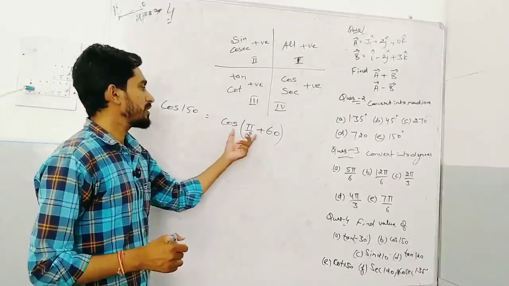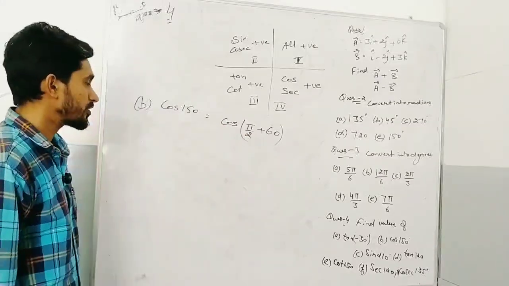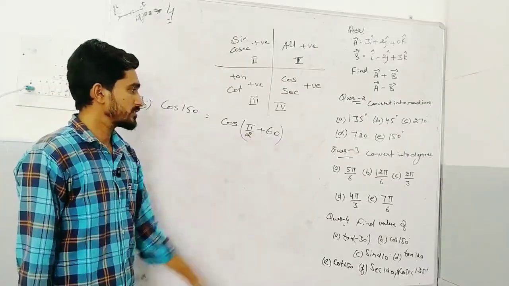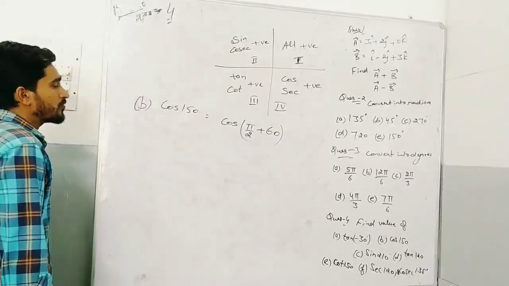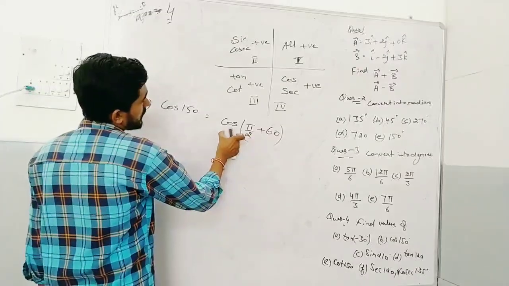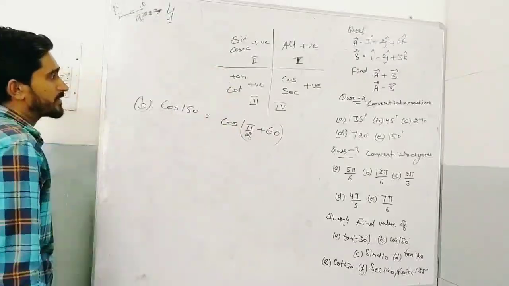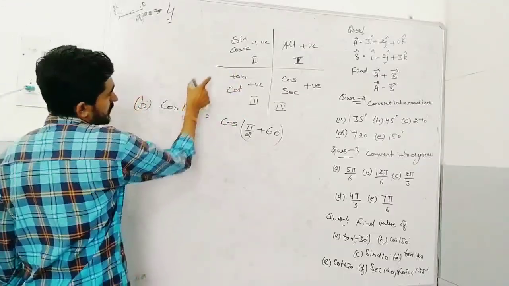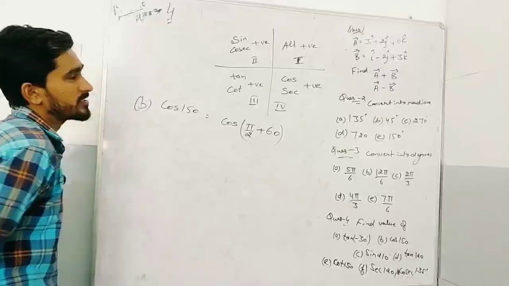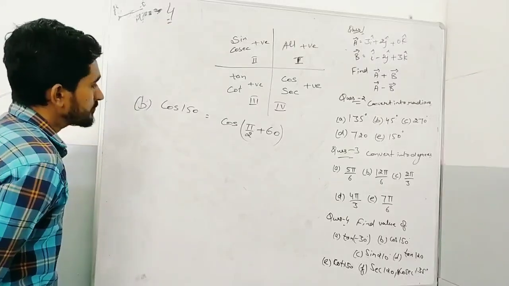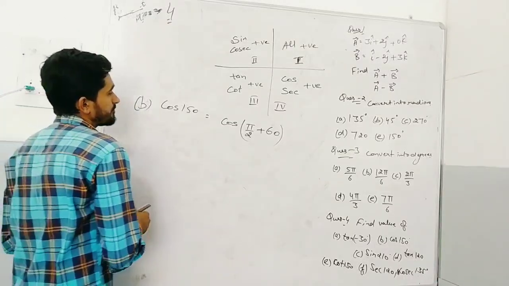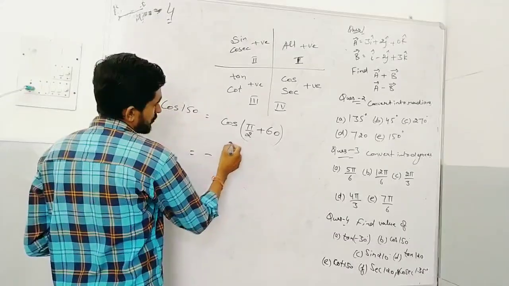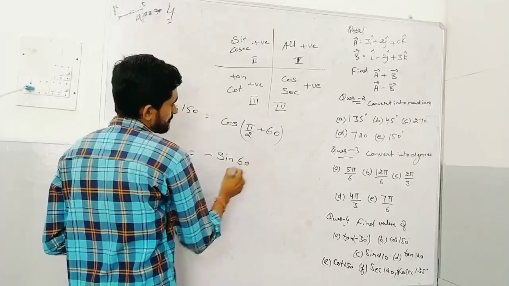Now we know cos gives a negative value in the second quadrant. Cos 150 comes in the second quadrant. Then we can say this is negative of sin 60.